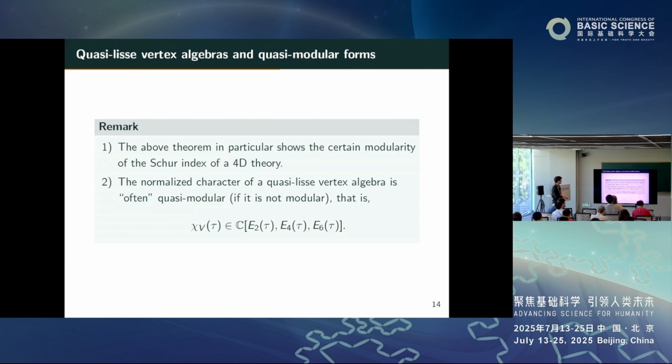So if it's modular, it's contained in the ring generated by E4 and E6, but for quasi-modular, you just add E2. So the character is a very interesting function.